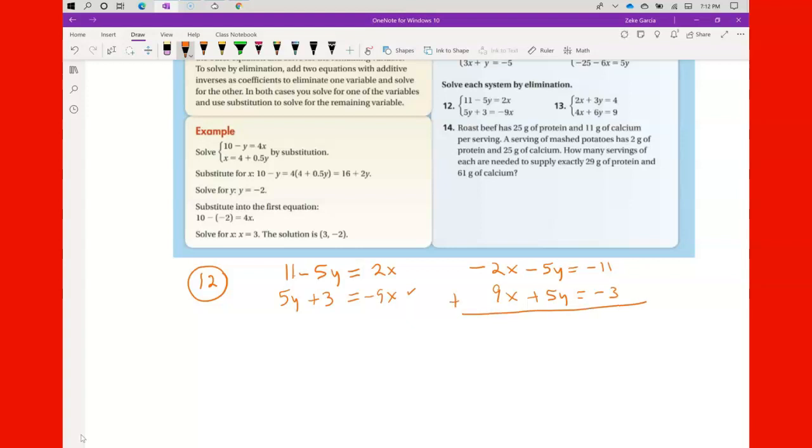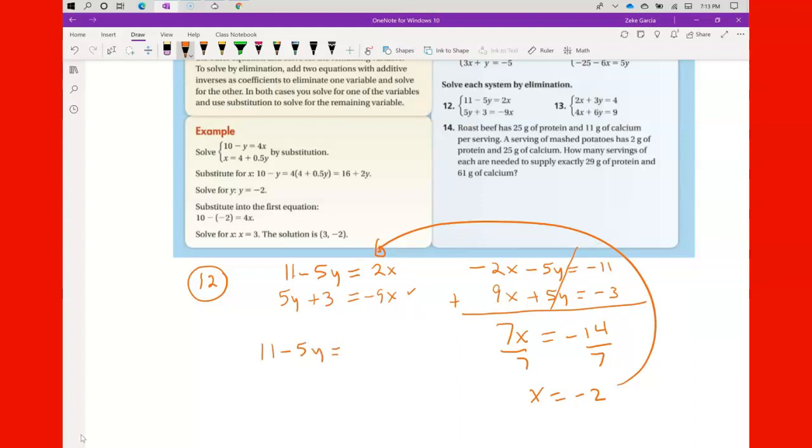Now we can go ahead and add the two equations, and we have 7x equals negative 14. Divide by 7, so x equals negative 2. Negative 2, you're going to go back and substitute into the original equation. So you have 11 minus 5y equals 2 times negative 2.